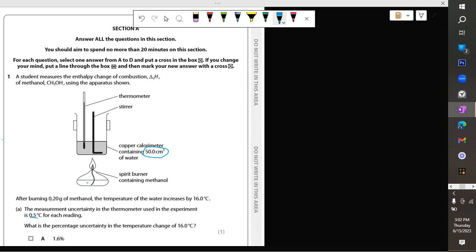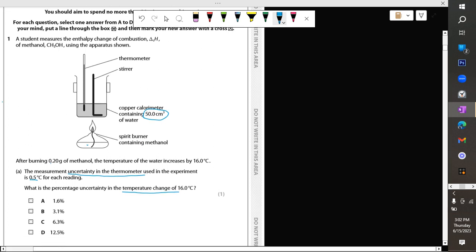Here I am going to underline the important points of the question, the details, uncertainty, and what is the percentage uncertainty in the temperature change. They are asking for percentage uncertainty.